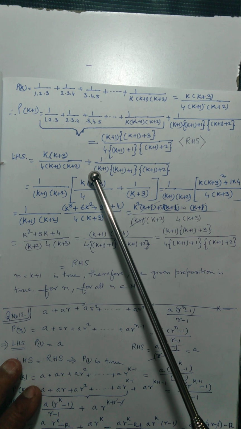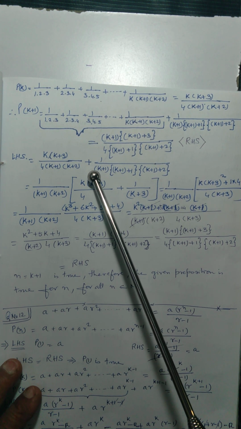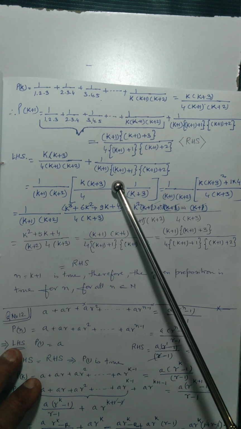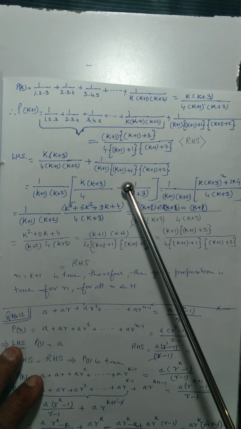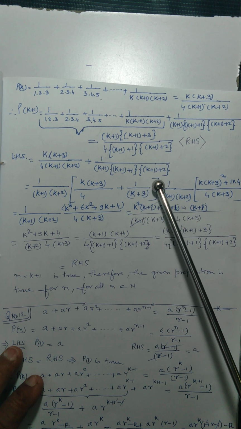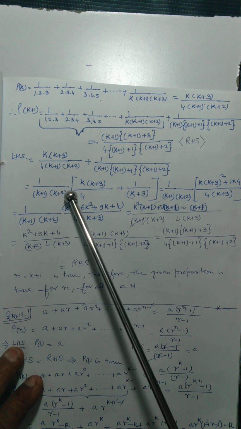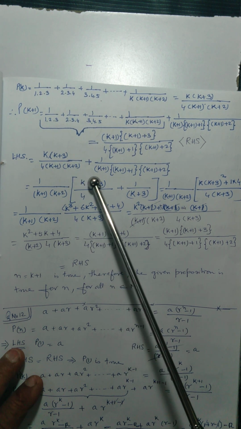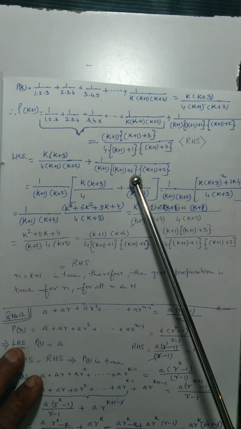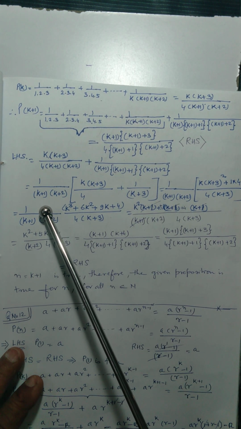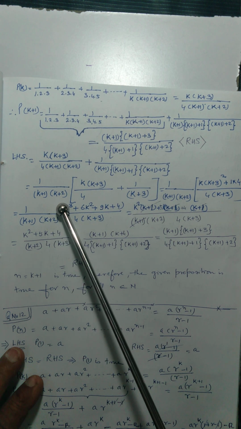Now the new term which we have recently added, that is 1 upon k plus 1 in the second bracket k plus 1 plus 1, in the second bracket, that is k plus 1 plus 2. Now you can take common k plus 1 and k plus 2, present in both terms already. So I have taken it common, that is 1 upon k plus 1 into k plus 2.